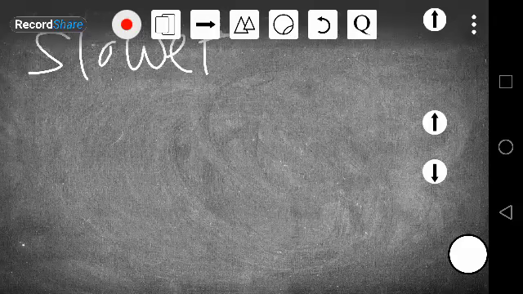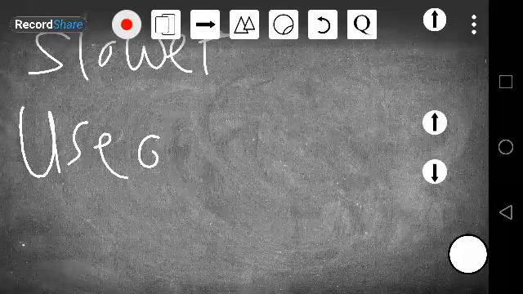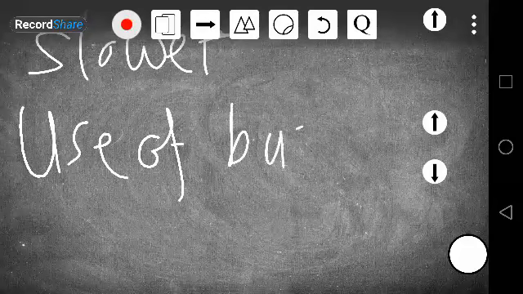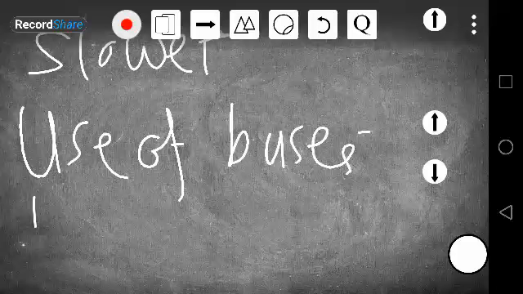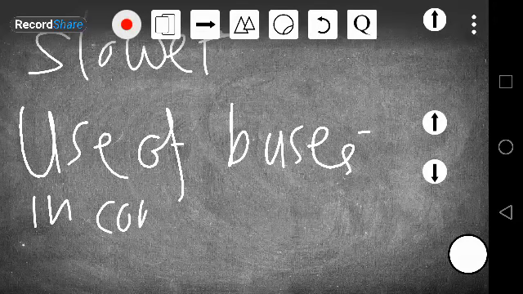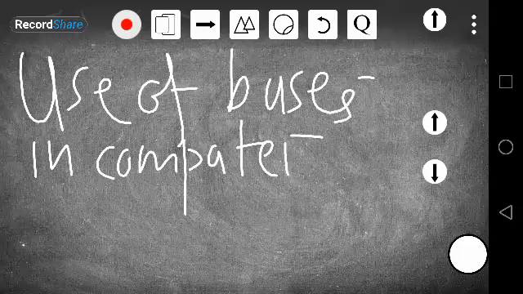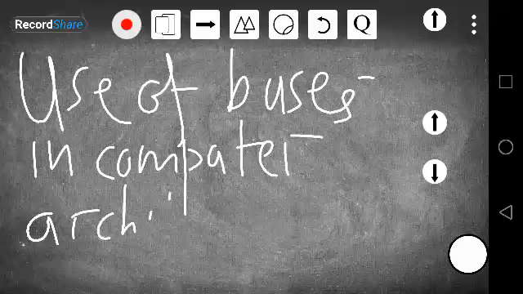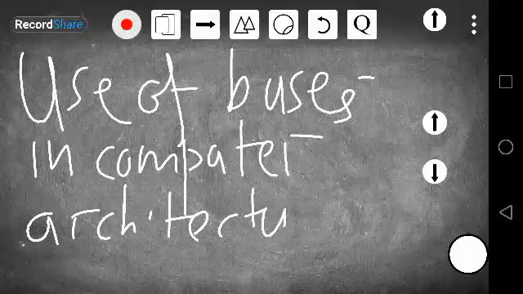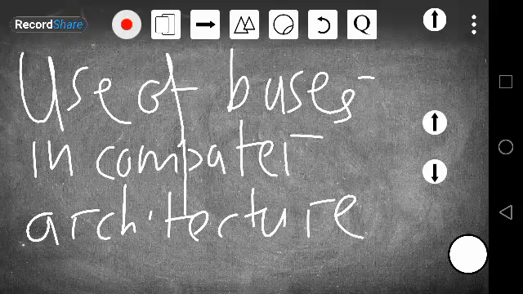Now we need to look at the use of buses in computer architecture. Okay. When do we use buses? Things like that. Those are the things that we need to discuss.